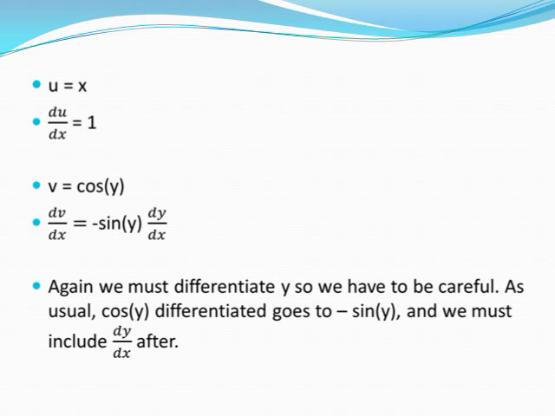So we're just left with 1 multiplied by 1, which is 1. Then for v equals cos of y, v becomes dv/dx because we're differentiating with respect to x, and cos of y becomes minus sin y dy/dx. You'll find in your maths tables that cos differentiates to minus sin.